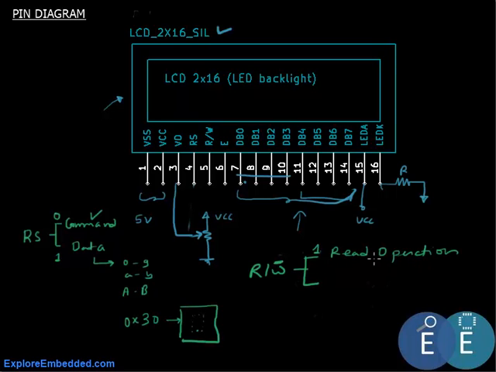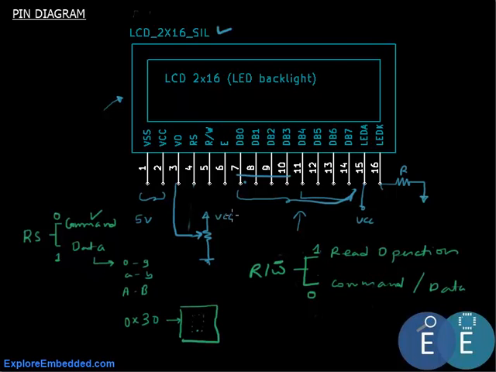This is done in instances where we are reading a busy flag, or we want to check the contents of the internal RAM of the LCD, or in fact any other command that we have sent. So this is the read operation. Write is always used. When this read/write bar is 0, we can do the write operation, and this can be writing a command or writing data. Moving further, we'll see the combinations and what actually is used with respect to read write.